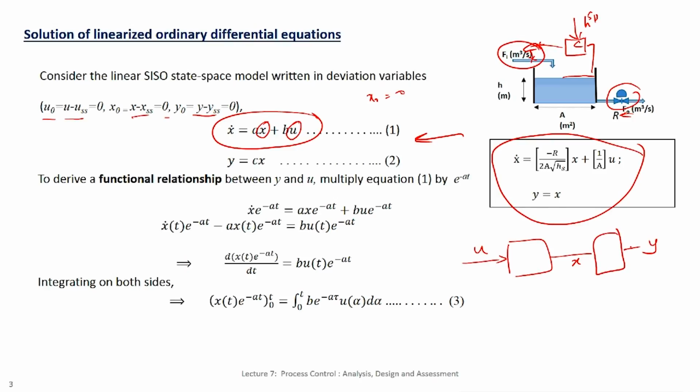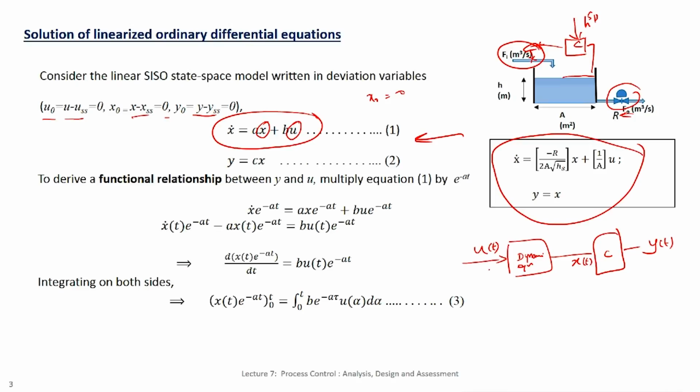What we want to do is, if I give you a time profile for the input, then by solving this dynamic equation, x dot equal to ax plus bu, I want to get a profile for the state as a function of time. Once I have that, this block is simple multiplication by a constant which will give me y of t.